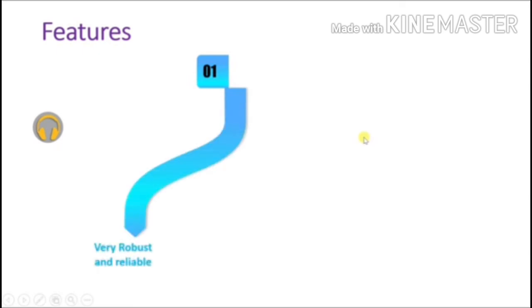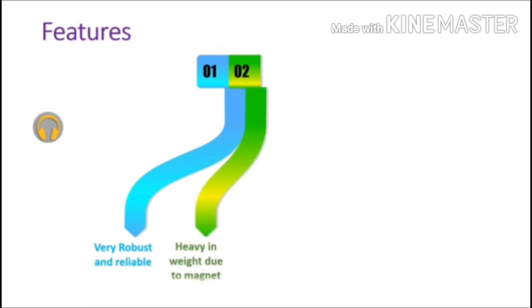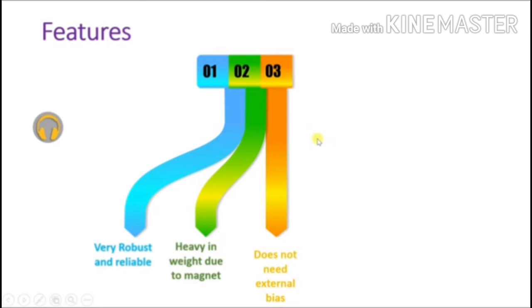Now what are the features of the moving coil microphone? First, it is very robust and reliable. It is heavy because of the permanent magnet which we use in the moving coil microphone. It does not need any external bias. As you can see, we have not connected any external bias here.